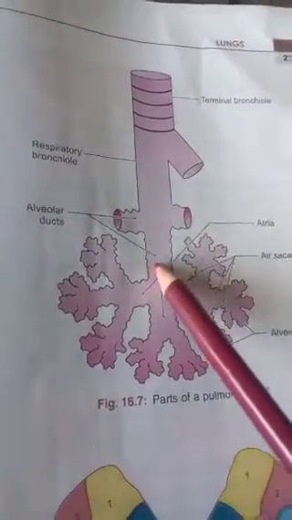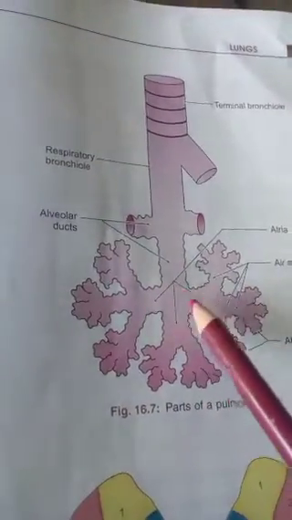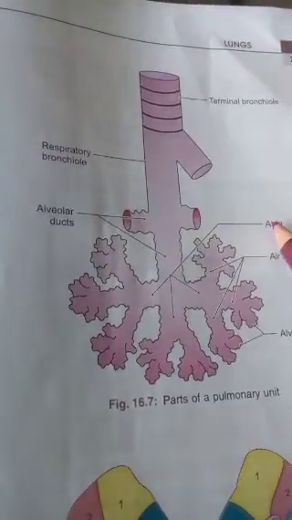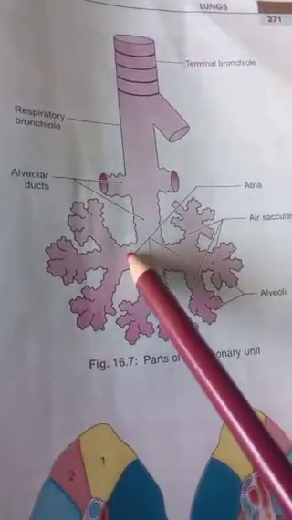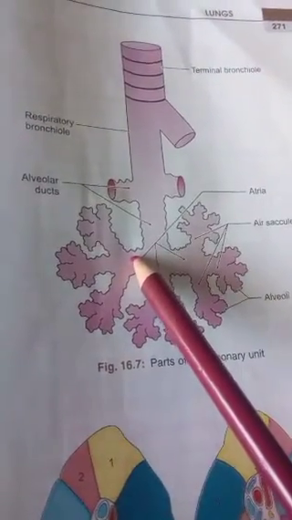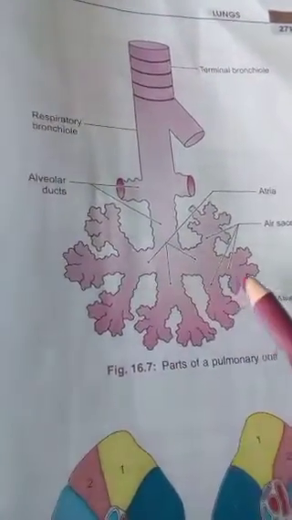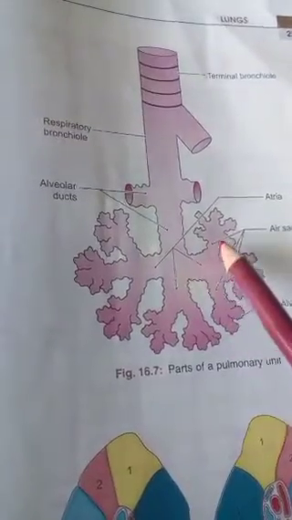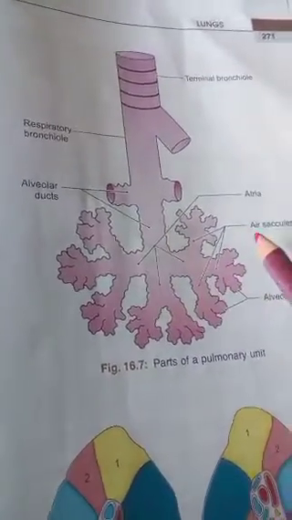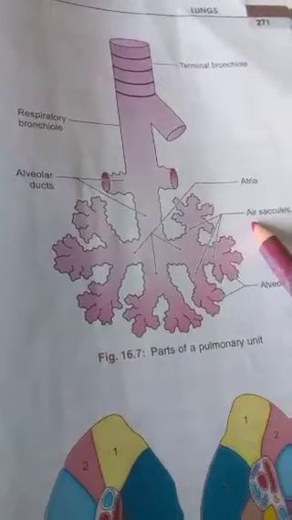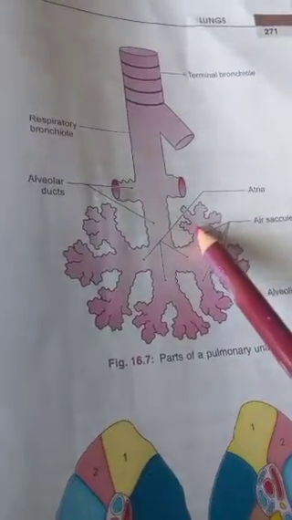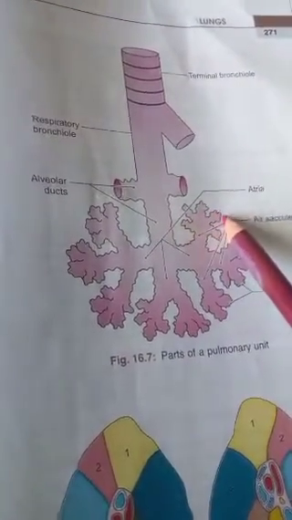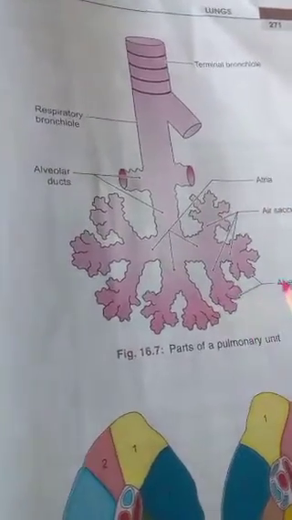Each alveolar duct divides into further smaller units called atria. Each atrium will divide into smaller units called air saccules, and each air saccule will again divide into further smaller units called alveoli.